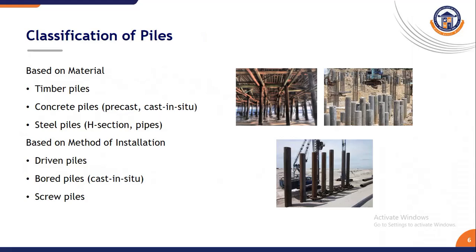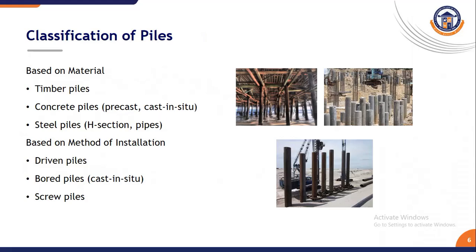Right? These are the figures for your reference: timber piles, concrete piles, and steel piles. But in these cases, compared to steel and concrete, timber pile has less durability, so it is used for temporary structures only.